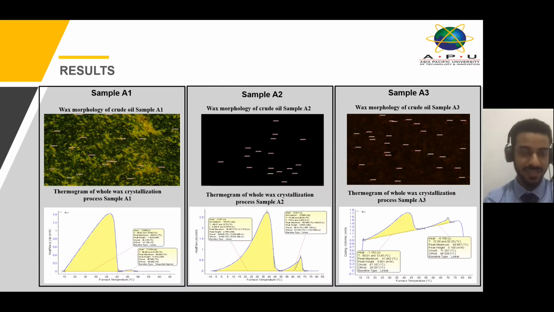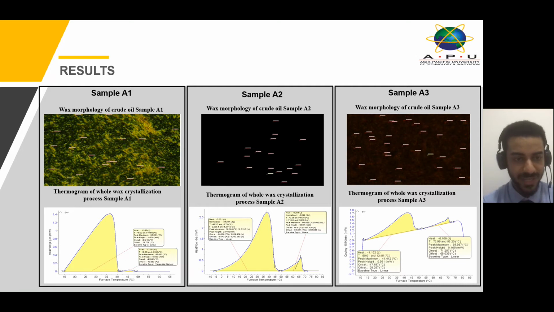So as we can see, these were the results from the two methodologies, where on the top we can see the morphology of each sample, and below we can see the thermogram. Okay, so starting from the top, we can see the wax precipitated, and measurements were taken to measure how long the wax was, because we have micro and macro crystals.